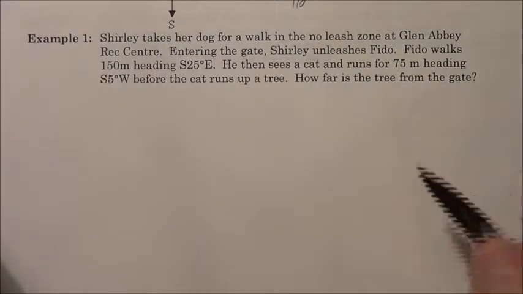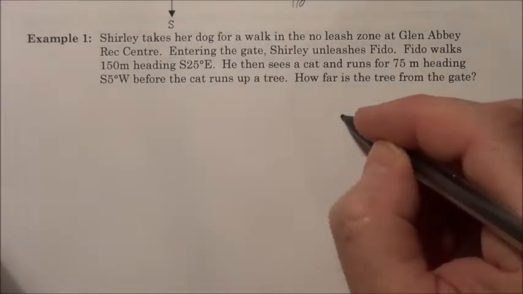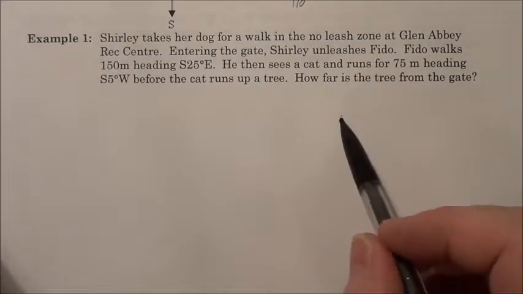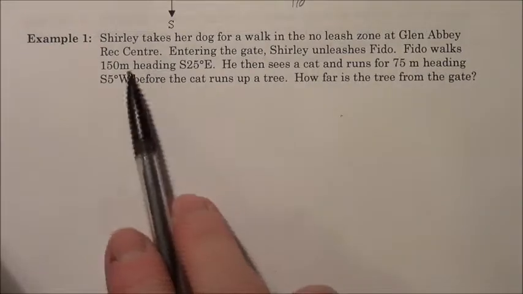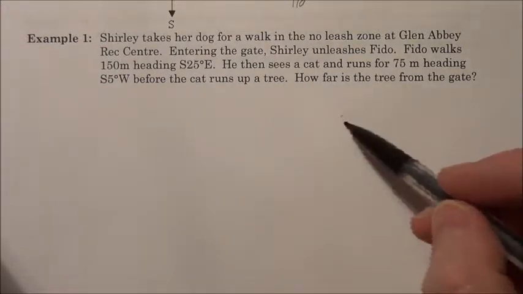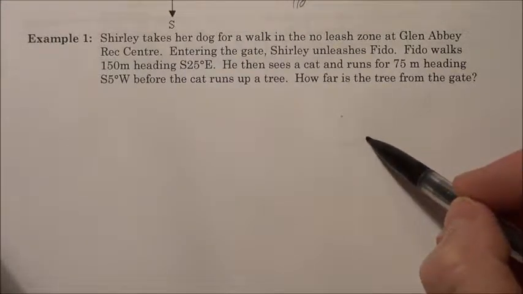So you sort of want to pick a spot where the gate would be. So let's say there. So if the gate's here, I want to say, okay, well, Fido is walking 150 meters heading south 25 degrees east. So from here, south 25 degrees east.